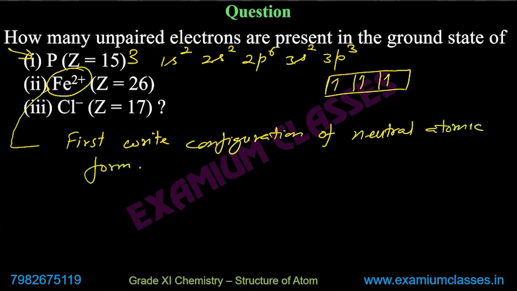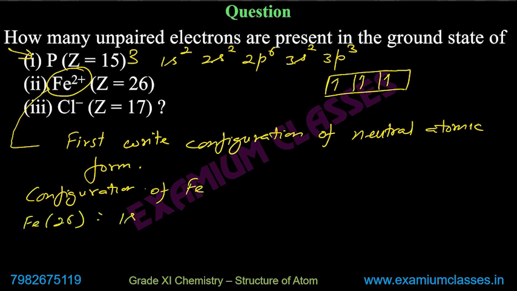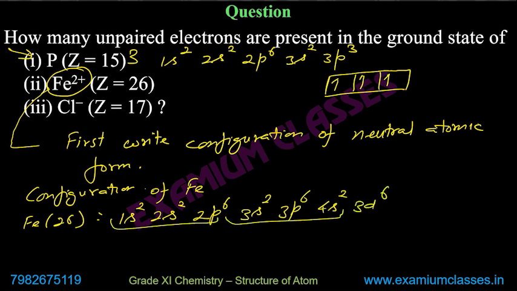Don't consider Fe2 plus directly. So first you will write the configuration of iron. That will be 1s2, 2s2, 2p6, 3s2, 3p6, 4s2, 3d6: 10, 10, 6, 26.